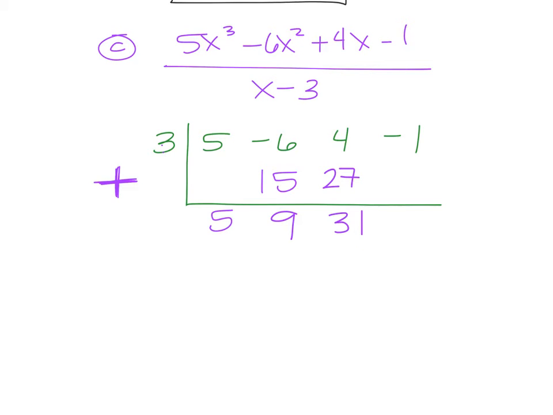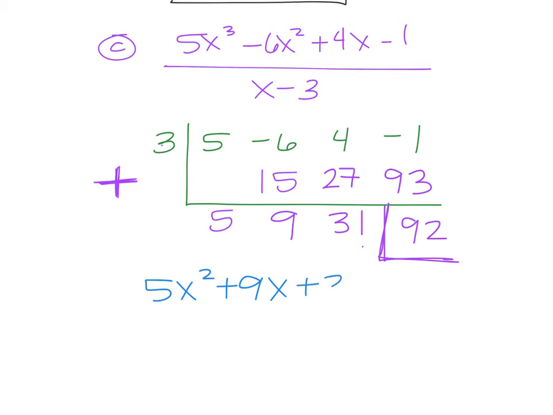Okay, now 3 times 31 is 93. This is your remainder, which is 92. So you write it out, 5x squared plus 9x plus 31, remainder 92, or if you want to impress Mrs. Price next year.